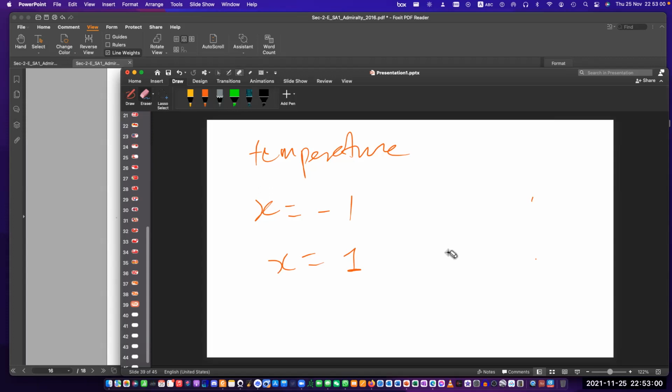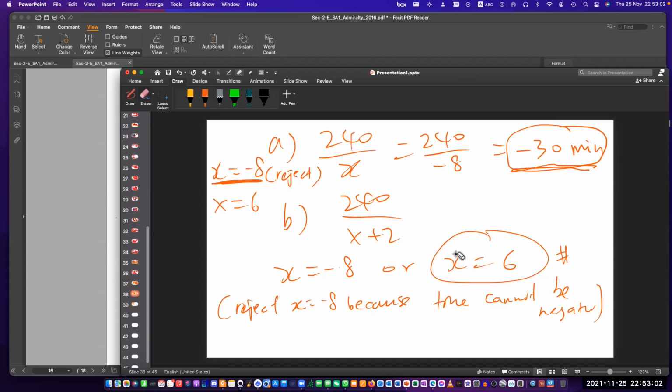You keep the two answers. But in this question, we are talking about time, so time cannot be negative. So reject X equals to -8 because time cannot be negative. Whenever you reject anything, you have to have a valid reason. So this is your valid reason here. Time cannot be negative. Understand?